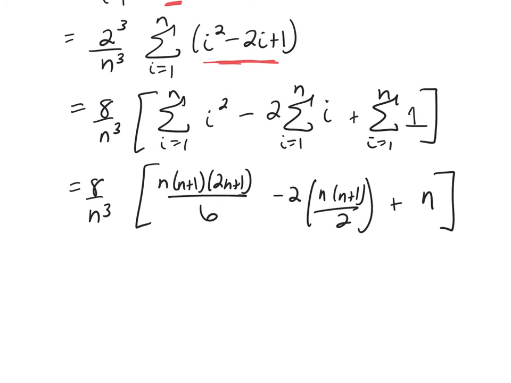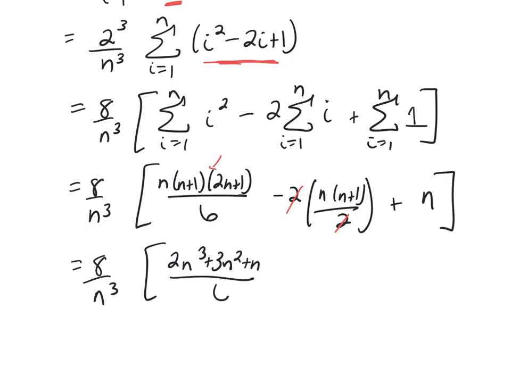And now we're going to simplify this. So these 2's cancel. Let's see, this will be 8 over n cubed. If I multiply this whole numerator out, you're going to get 2n cubed plus 3n squared plus n over 6. This is minus n squared plus n plus n.